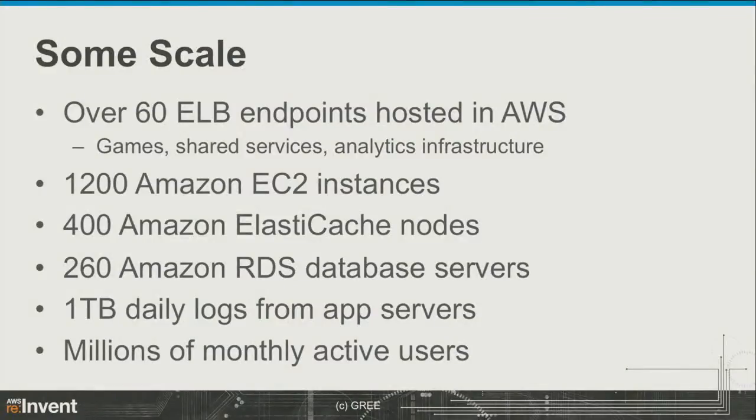It's a little bit of the scale of what we're managing today. We have quite a bit within Amazon, as you can see here. As Omer mentioned, a lot of what we do within Amazon is in-memory caching, so we have quite a large ElastiCache environment. Our databases as well. A lot of the games have multiple shards to handle all the different data sets.